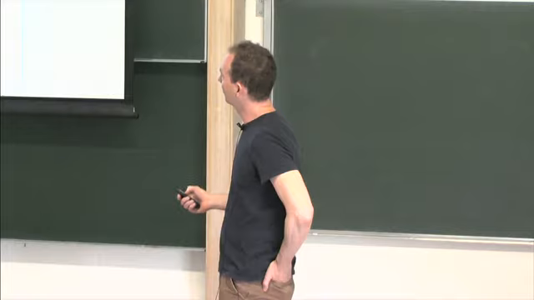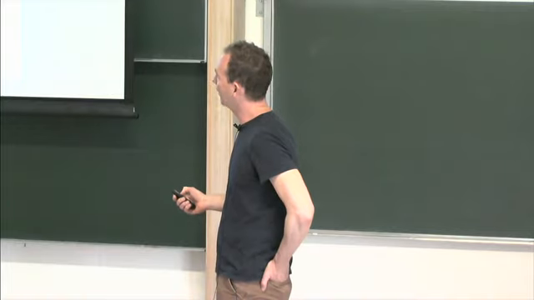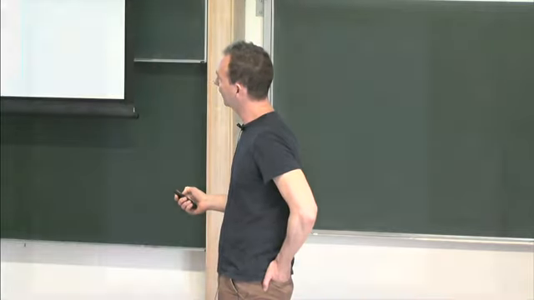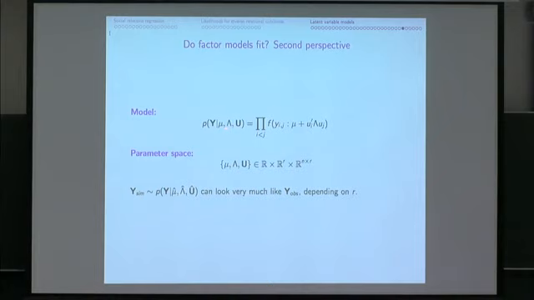So here's a model. The model is that you have a network Y, and your parameters are some rate, some overall density, and these latent factors. Your parameter space includes the overall rate, the eigenvalues, and these latent factors. So if you simulate from a posterior predictive distribution, are you going to get a network that resembles your observed network?